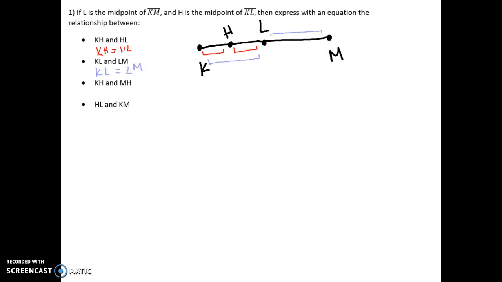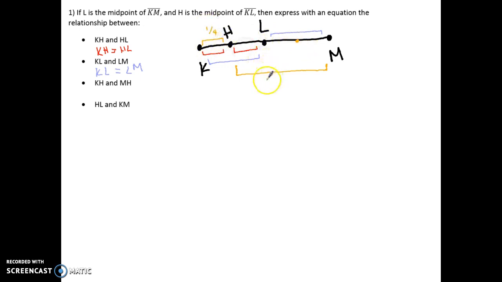The third bullet point says KH, so we have KH and MH. So this big one right here. So we said that it was cut in half and then it was cut again. So we kind of know there might be a midpoint right here which would cut this entire line segment into 4 sections. So KH would be around a fourth, right?